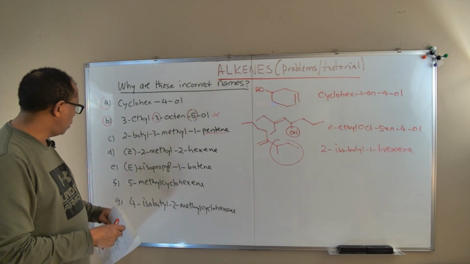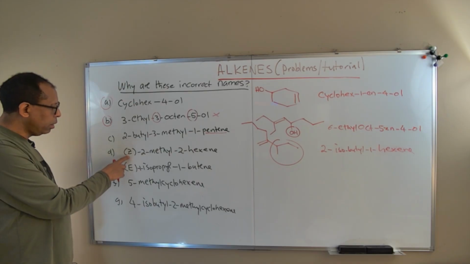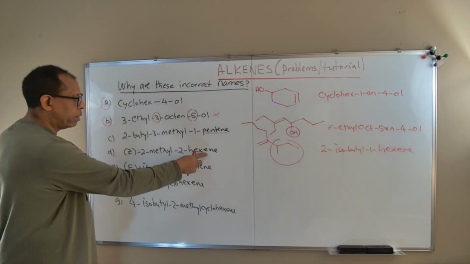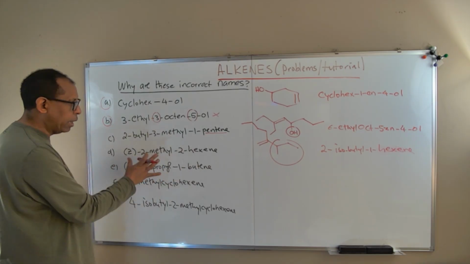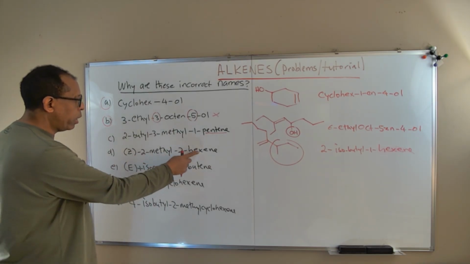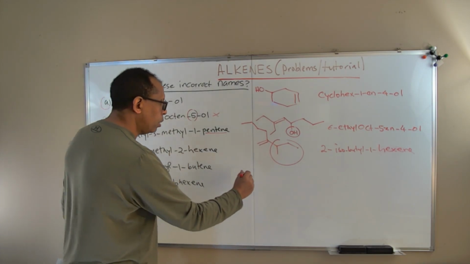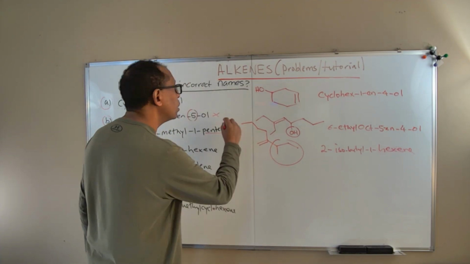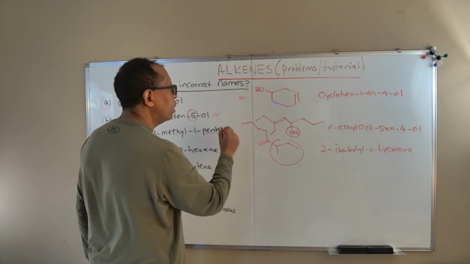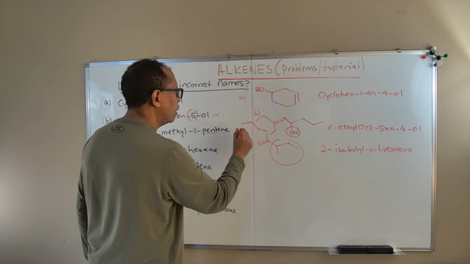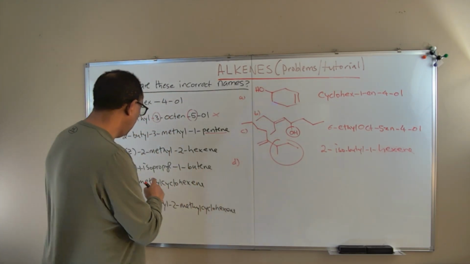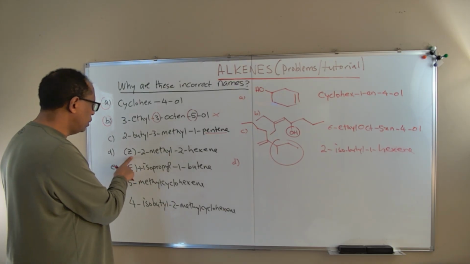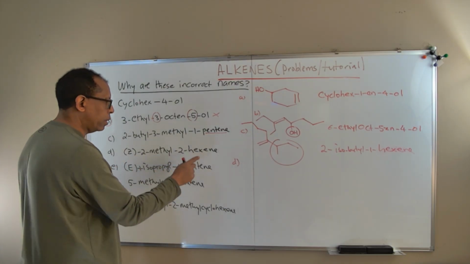And in this D, I see Z, 2-methyl, 2-hexene. What do they want to show when they name it like this? Okay, this is A, this was B, this was C. Now for D, you have Z, 2-methyl, 2-hexene.